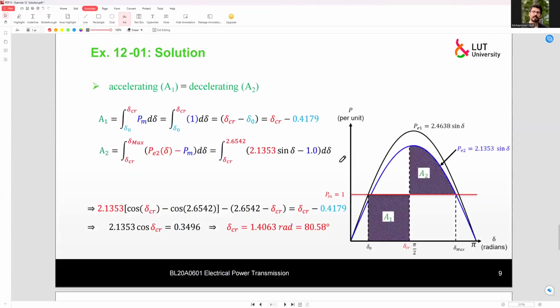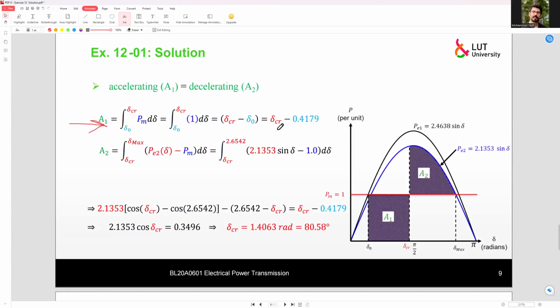So here again, we form the integrals of the regions to find the critical angle that the fault needs to be cleared before any instability occurs in the system.